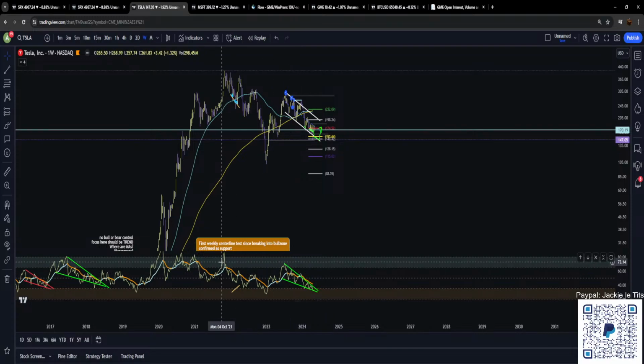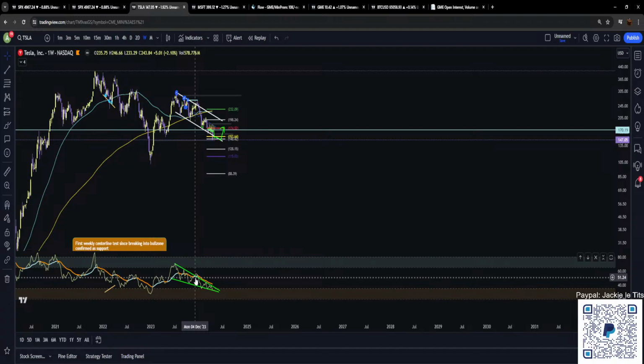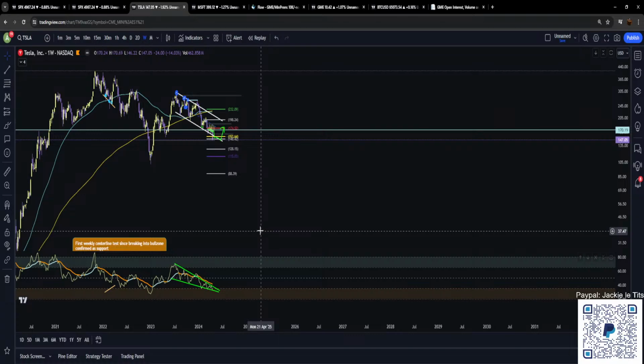We know that because of this entrance to the bullish control zone, and this only 4 to 5 weeks spent in there is basically a wick and back out. Bulls are in control. Not only that, but if we look at the RSI, it is suggesting that there is some sort of coiled up, very large move beginning to take place. And Tesla is right near the end of seeing a very explosive move.